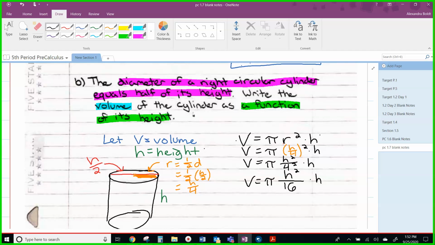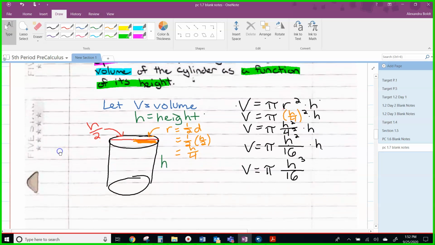And the last thing I'm going to do is multiply my h's. So I get volume equals pi. Well, h squared times h is going to give me h cubed. So I've simplified everything.